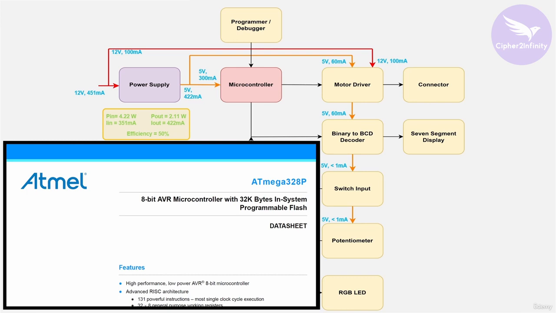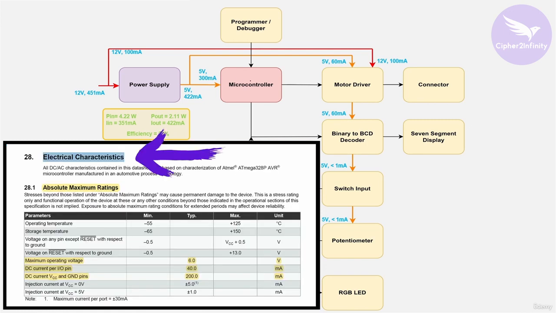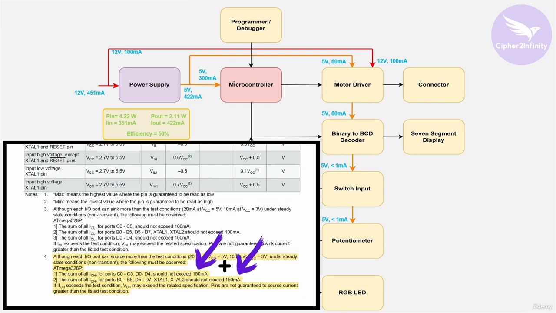In the same way you have to go to the datasheet of Atmega 328 microcontroller, and in the electrical characteristic section you will get to know what's the maximum amount of current the Atmega 328 microcontroller is going to consume. Okay, so this 300 milliampere value actually came from the electrical characteristic section of the Atmega 328 microcontroller's datasheet.